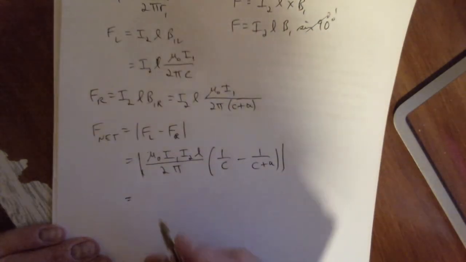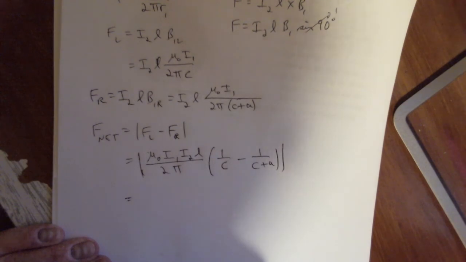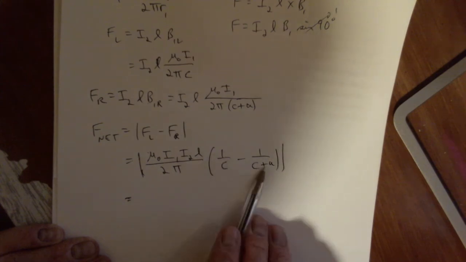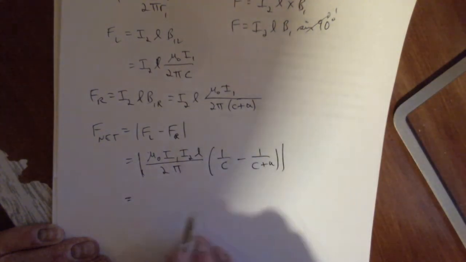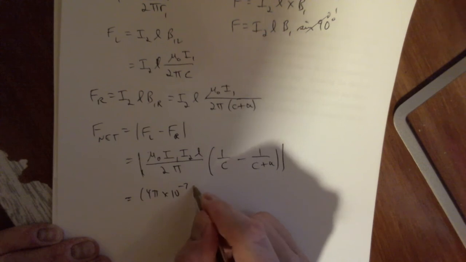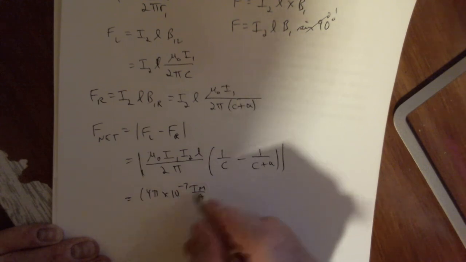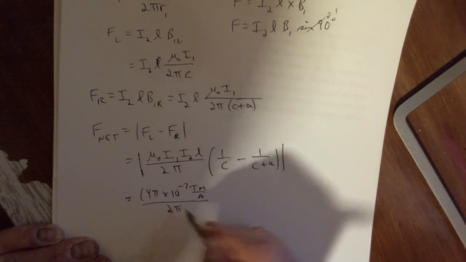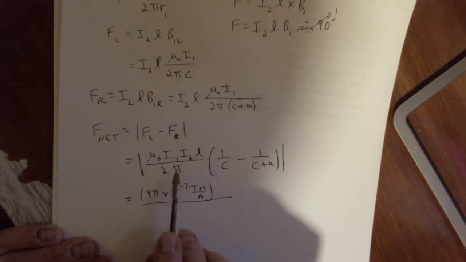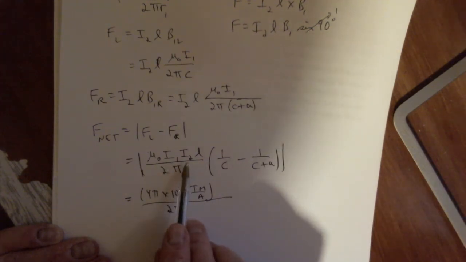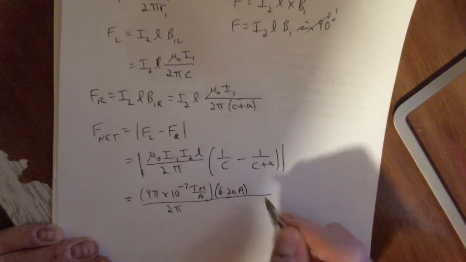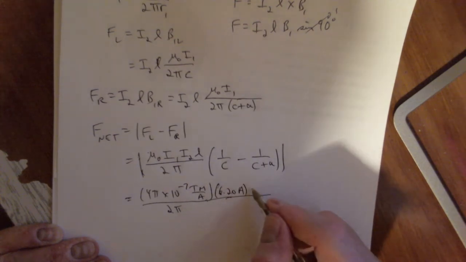Okay, and I plug in all the numbers in the problem. So first of all, absolute value, 1 over C is bigger than 1 over C plus A, so I don't need the absolute value sign anymore. Mu sub naught is 4 pi times 10 to the negative 7 Tesla meter per amp, and that's over 2 pi. And we have I1 times I2, given as I1 is 6.2 amps times I2 is 10 amps.